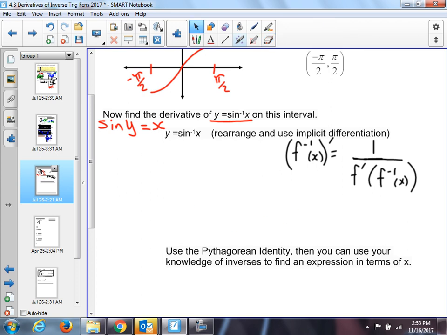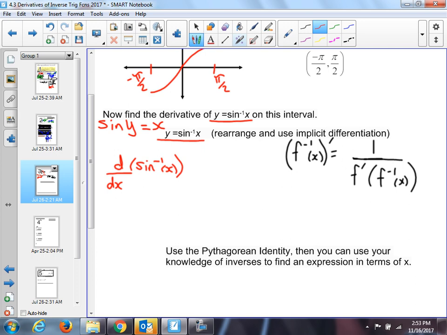Okay, so y is the inverse function, right? So in this case, the derivative of this inverse function. This is what we're talking about, right?